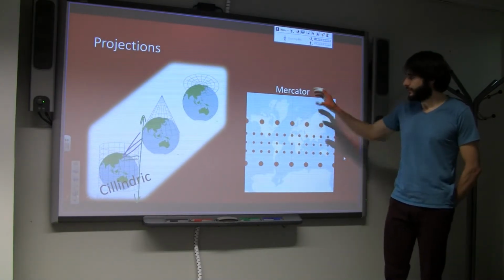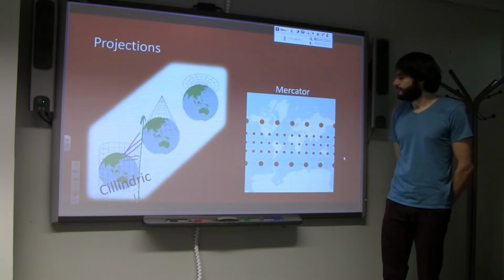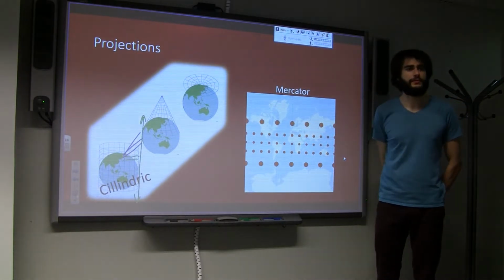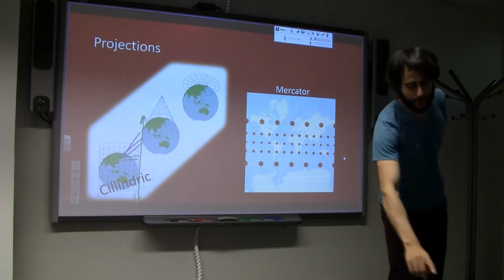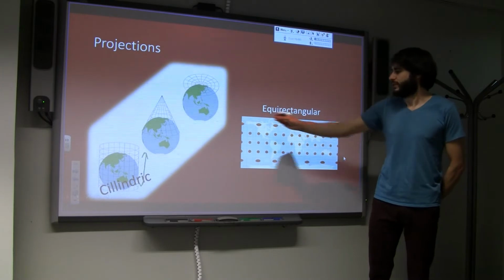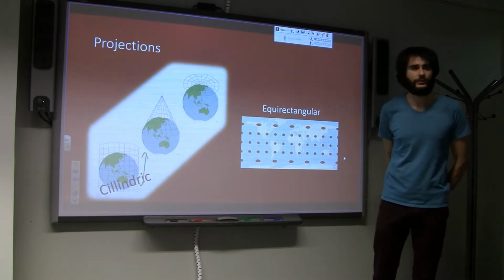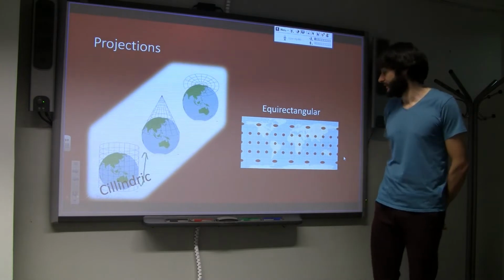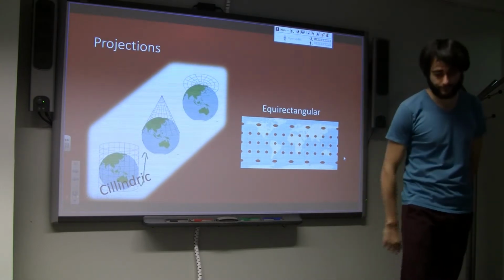And this makes the Mercator projection nicer in the sense that these circles remain circles even though they get stretched. So the equirectangular one has this stretching, this horizontal stretching more emphasized, but the vertical stretching doesn't occur.